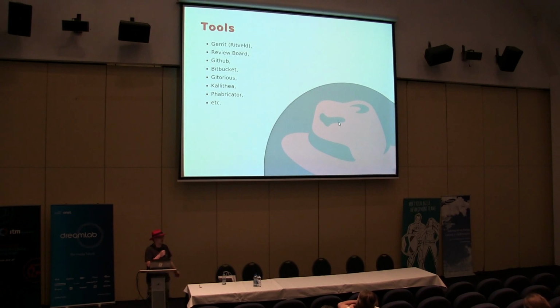All the forge projects will have that, like Phabricator, Kallithea, and so on. There are also some non-free solutions like the Atlassian products and so on. I won't dive into that. So this is just a listing of things you could Google for if you are looking for something. I'm not recommending any of them in particular.